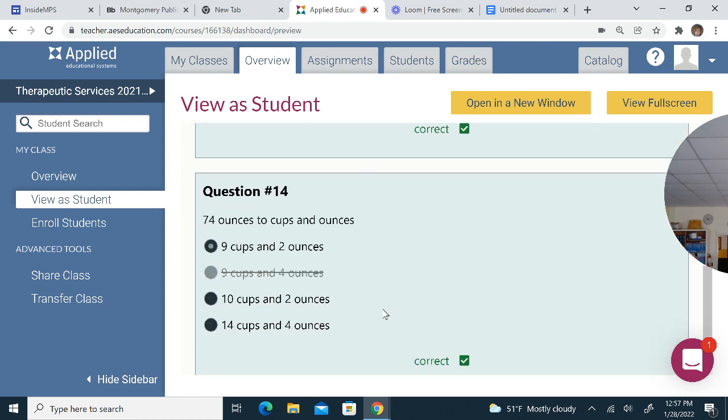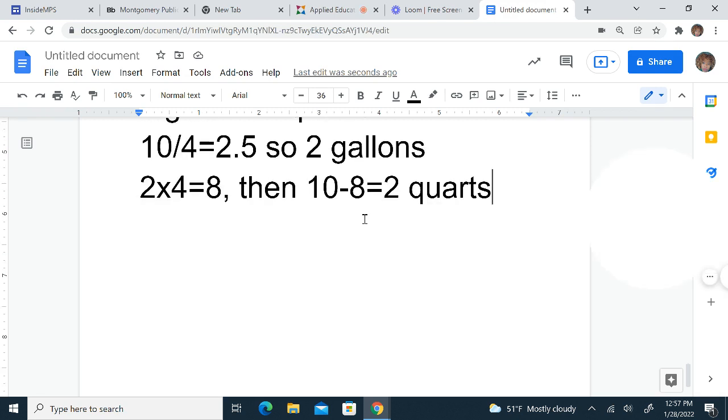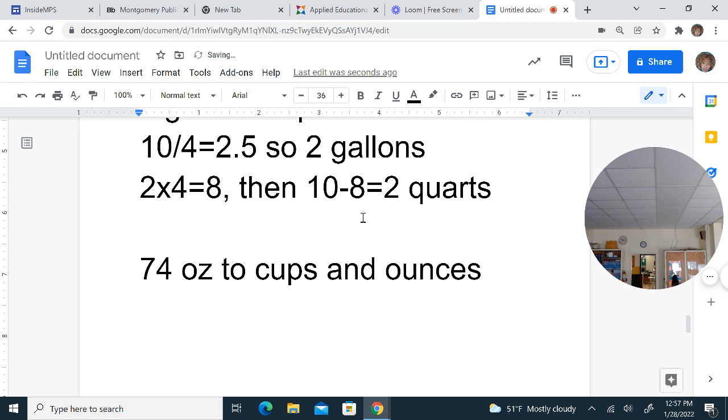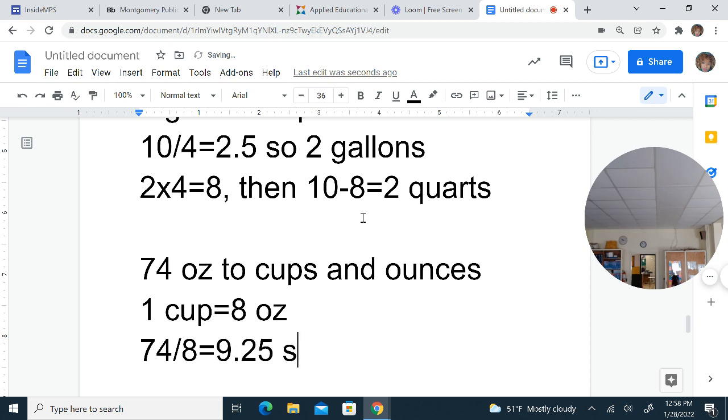So we got 74 ounces to cups and ounces. So what's our conversion? 1 cup equals 8 ounces. First step. So 9.25. So we got 9 cups.